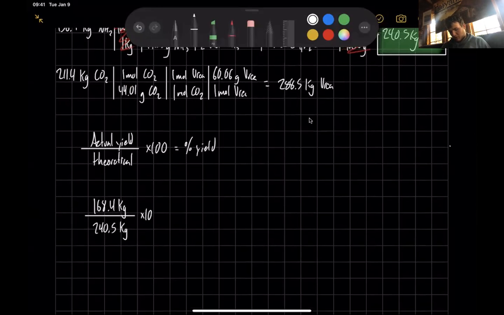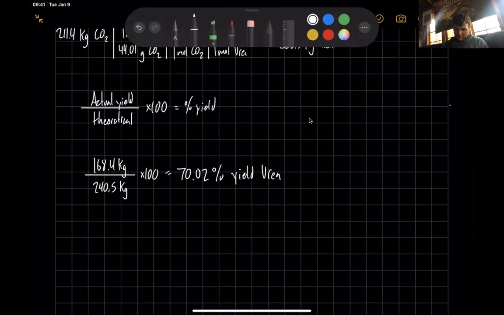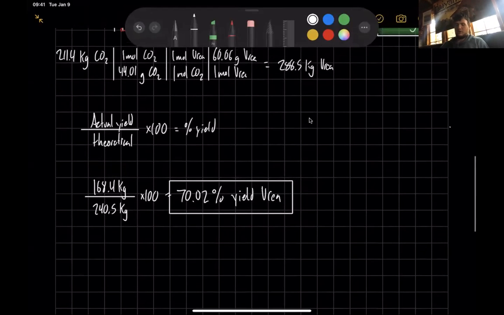We'll multiply by 100, and pulling out a calculator, 168.4 divided by 240.5 gives you about 70.02% yield urea. And so that is the answer to the percent yield part of the question: the actual yield over the theoretical yield times 100% gives you your percent yield.